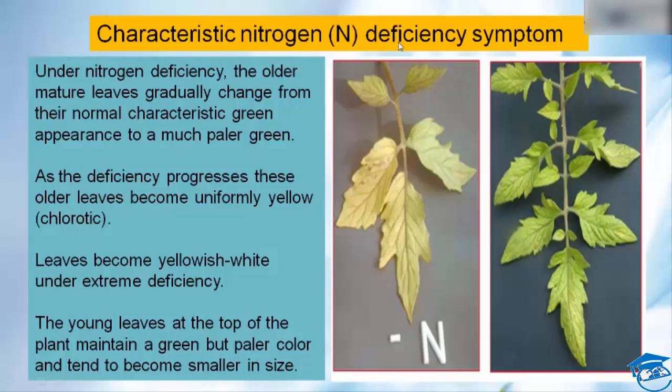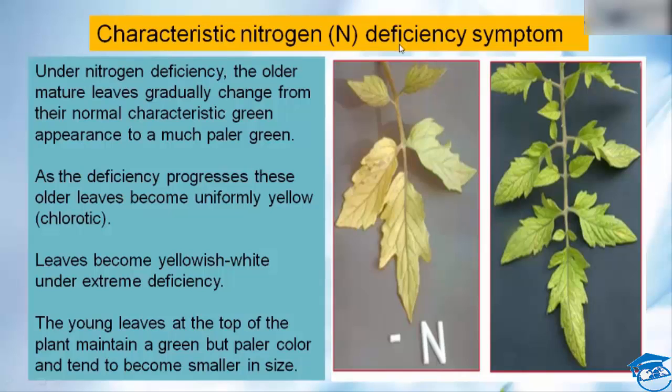Nitrogen is required by all parts of the plant, particularly the meristematic tissue and metabolically active cells. They require much more quantity of nitrogen. Nitrogen is one of the major constituents of protein, nucleic acid, vitamins and hormones.